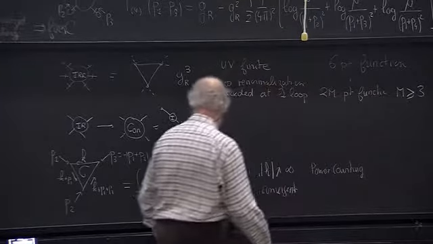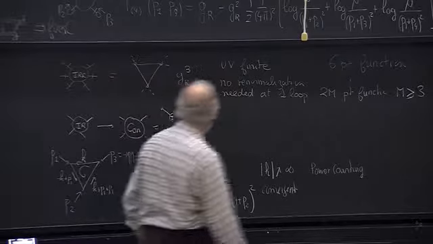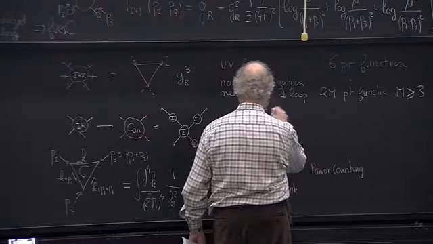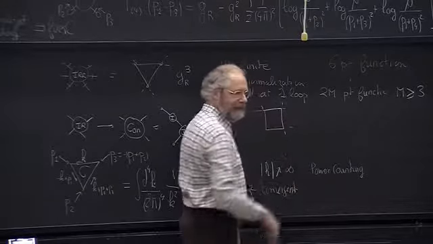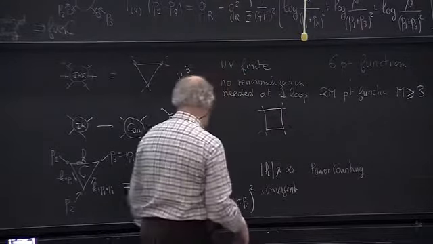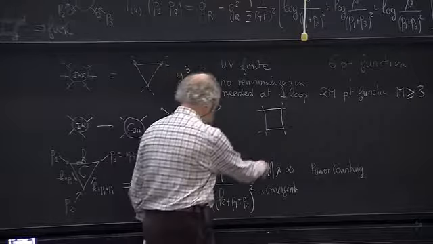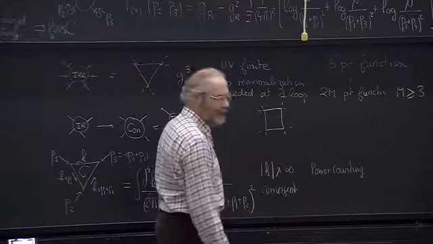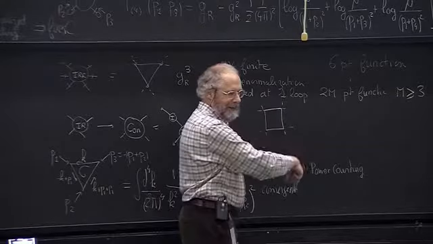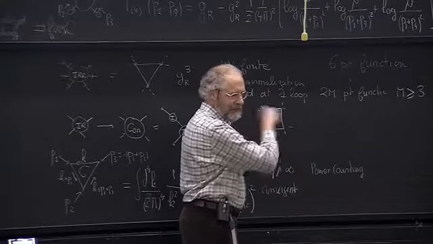And the same for the 8-point diagram. So the first diagram is this one, which is even better, because you have an additional 1 over K squared. So the larger the number of loops, the better the convergence.